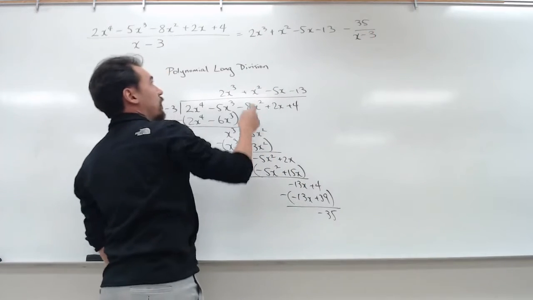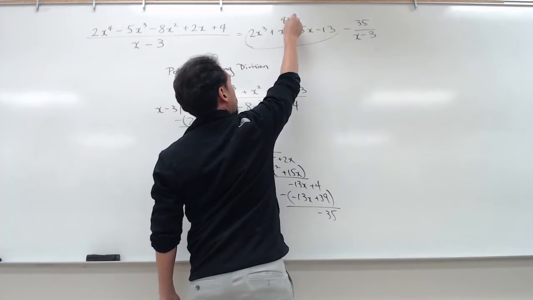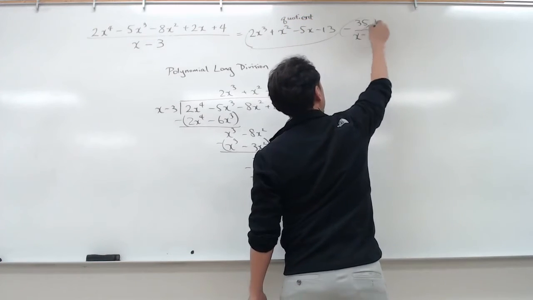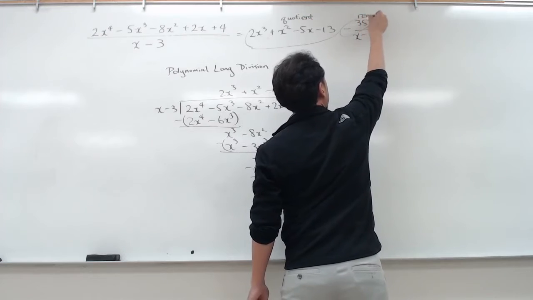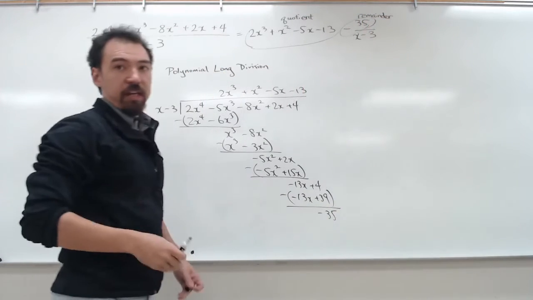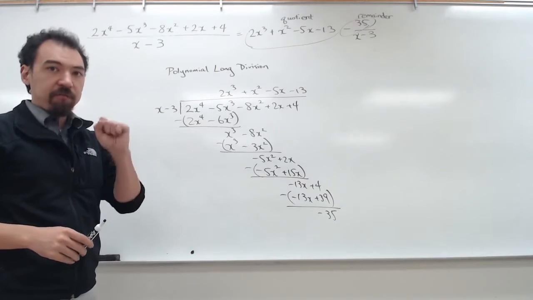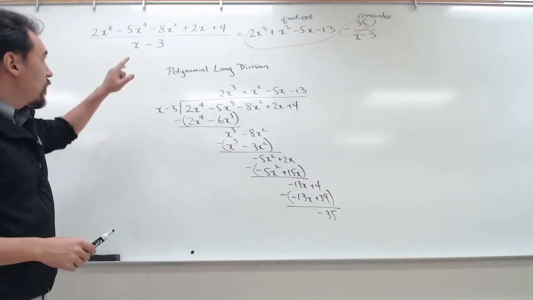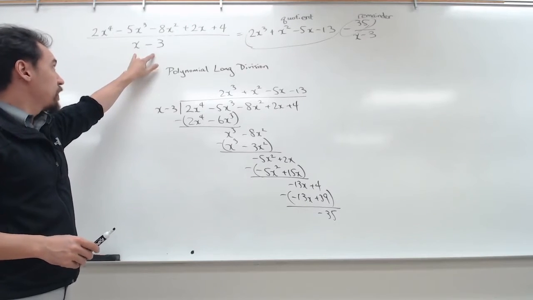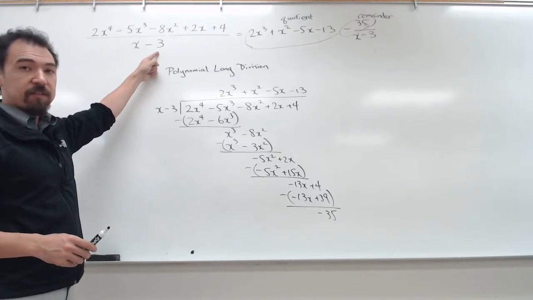Okay, this part is the quotient, and this part is the remainder. So today, we're going to investigate another way of writing this for a very specific case, where the denominator is a linear polynomial, so it's going to be 1x plus or minus a constant.